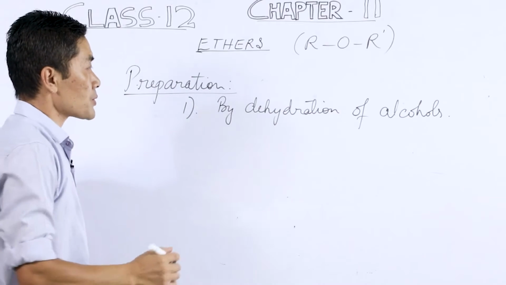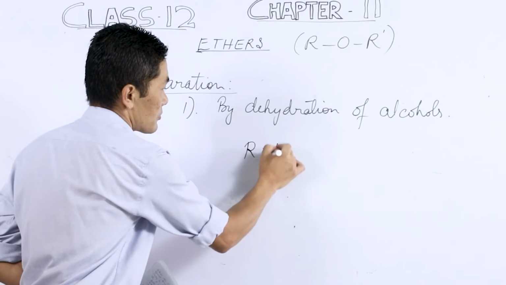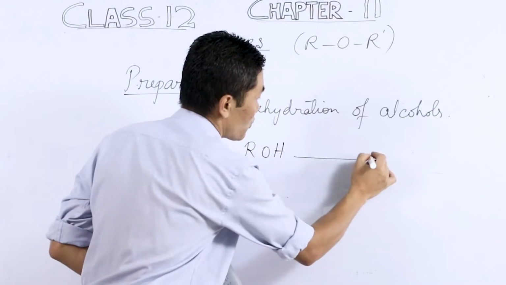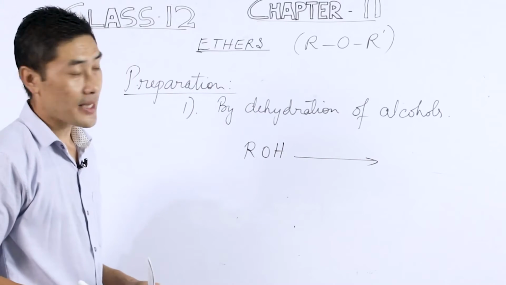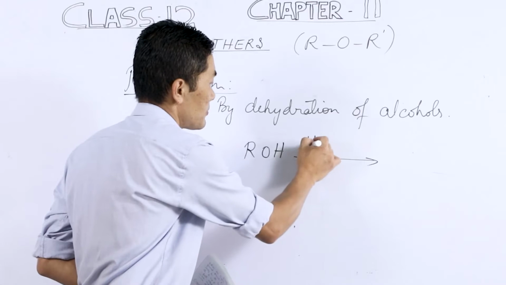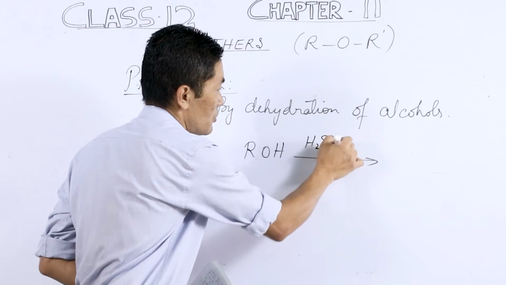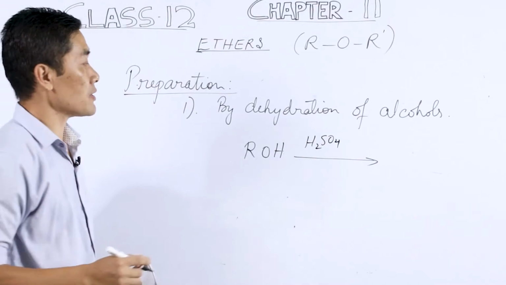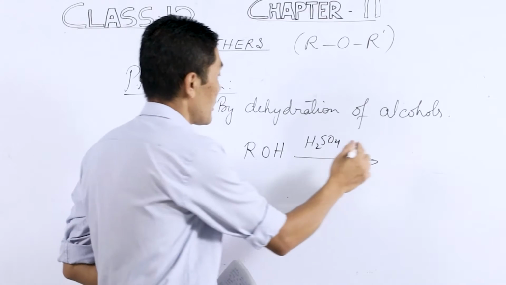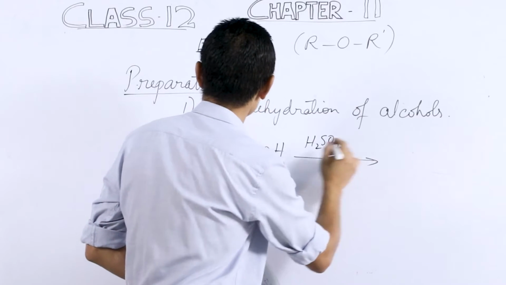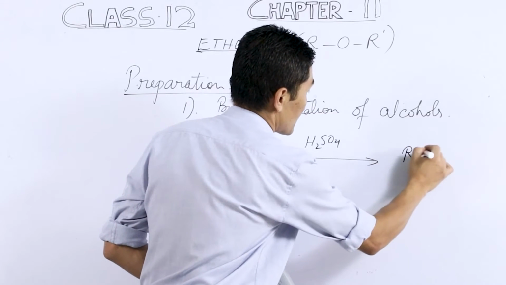Now, alcohols, when they are treated with protic acids like sulfuric acid or phosphoric acid, this gives rise to ethers.